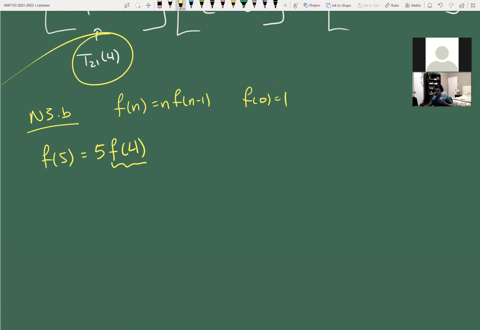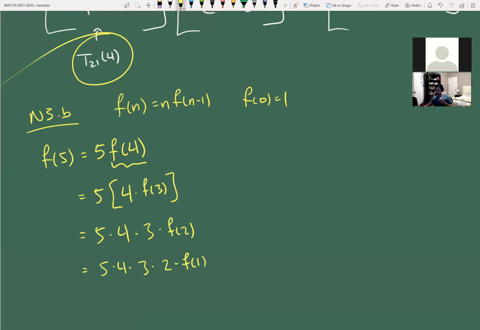Yeah, okay, perfect. So f of 4 then is 4 times f of 3. Okay, what is f of 3? 3 times f of 2, perfect. F of 2 is, thank you. And f of 1 is 1 times f of 0, which is 1. So we can just put the ones in here if we want.